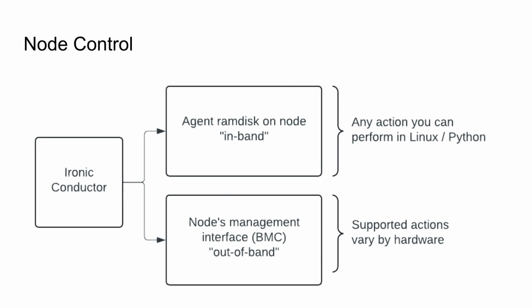And the other way, and the prevalence of this in Ironic installations has gone up a lot over time, is this out-of-band interface with the BMC. That might be Redfish, that might be IPMI, that might be something proprietary like your iLO or DRAC. But that allows you the ability to do things without having to boot an agent, and often can do some interesting, powerful things, but that's really where it starts mattering what hardware you're using, whether or not it's supported.